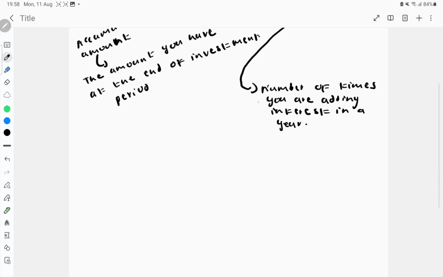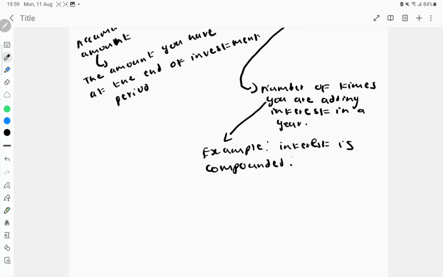Okay, for example, they can say interest is compounded yearly, it means that you're adding interest only once a year. So your m would be 1.